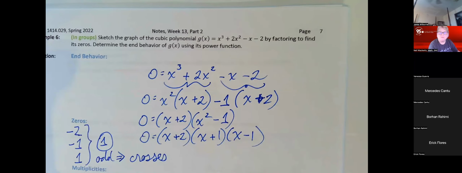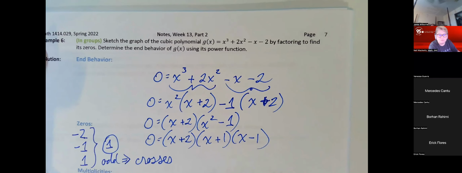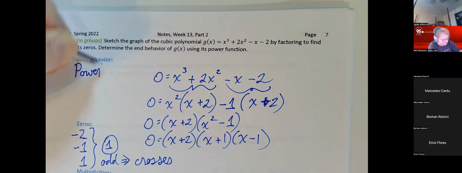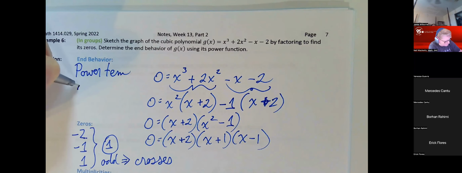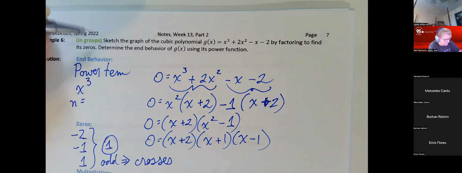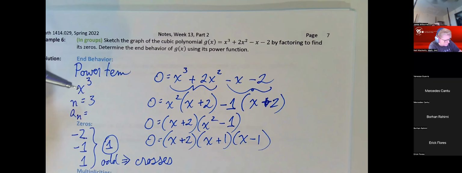When we're in standard form, how do we find the end behavior? We look at the first term. That's right. Good. The first term is x cubed. So what is n? 3. And a sub n? 1.